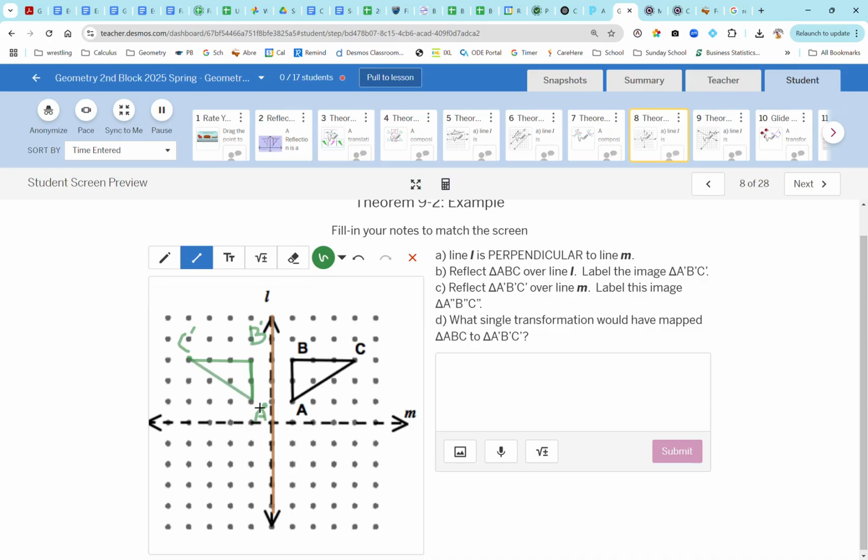And now we're ready to do the next reflection across line M. That's this line right here. A is the easy one. It's just 1 above. So A double prime will be down here.